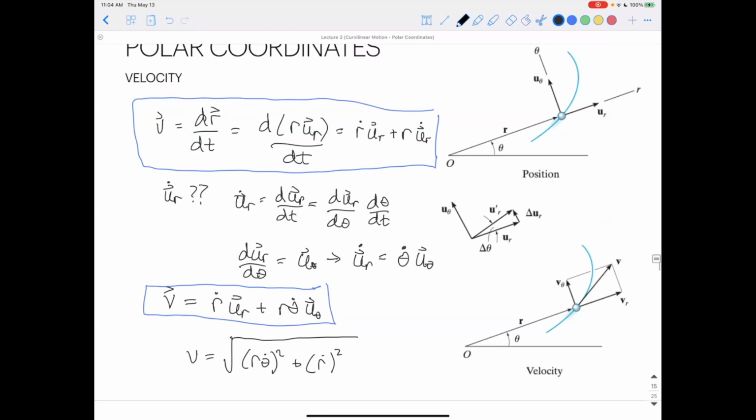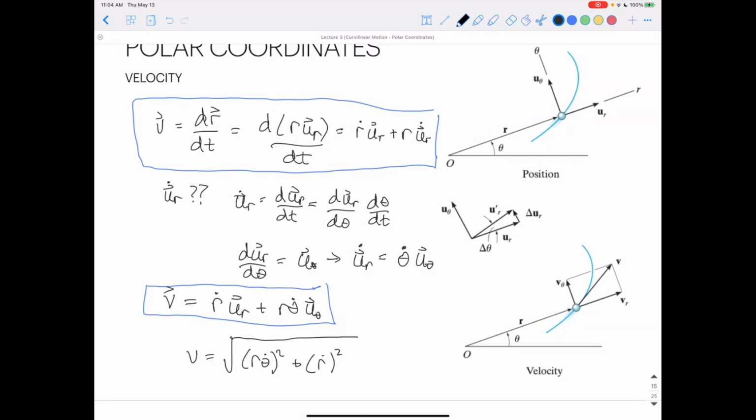So think about the values that are in this equation. If we have a problem where we are given information about the distance of something from some fixed point, some origin, like the distance directly measured, so r, then it might be easier to use polar coordinates. And likewise, if we have some information about the rotation, theta, we need to know how fast something is spinning, then again, maybe polar coordinates would be more important to use.